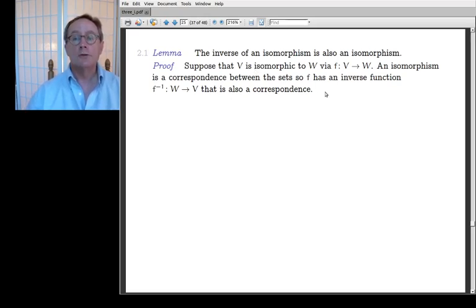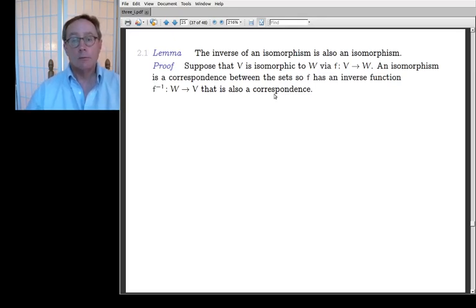Okay, so I have a space V and a space W, and there's an isomorphism from one to the other. I want to remember that an isomorphism is a correspondence. It's a one-to-one and onto map, and any correspondence has an inverse function that takes you not from V to W, but instead from W to V, and the inverse function is also a correspondence.